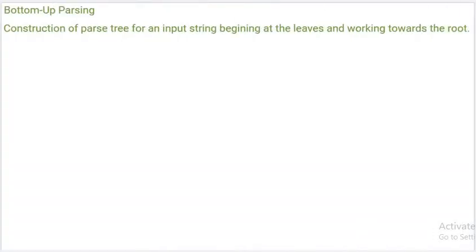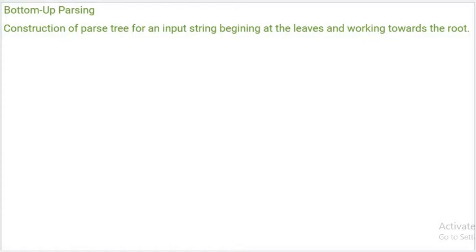So in bottom-up parsing, as we discussed earlier, we will be constructing the parse tree from leaf node to root node. The process is: initially we take the input string, and in the input string we try to identify a substring, and then match that substring with the productions available in the grammar.